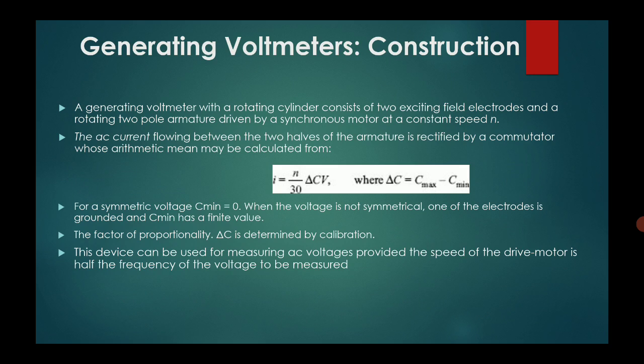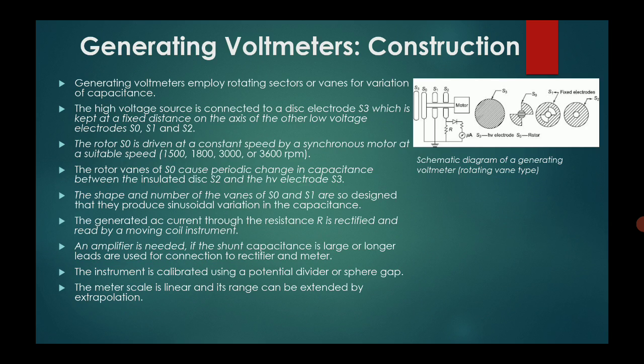This device can be used for measuring AC voltages provided the speed of the drive motor is half the frequency of the voltage to be measured. Okay, so on the right hand side, this is the construction of the generating voltmeter. So you have different capacitor discs which are controlled by the motor.